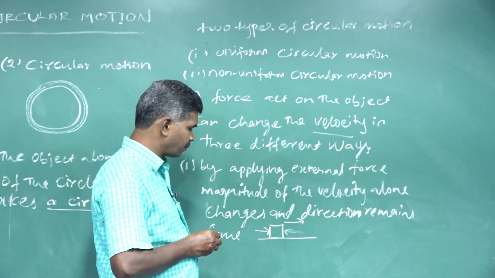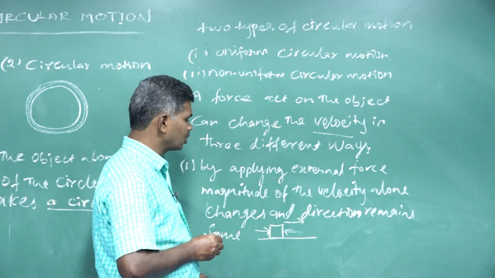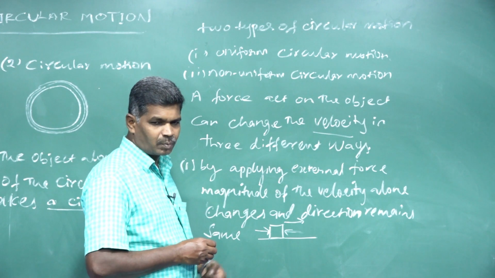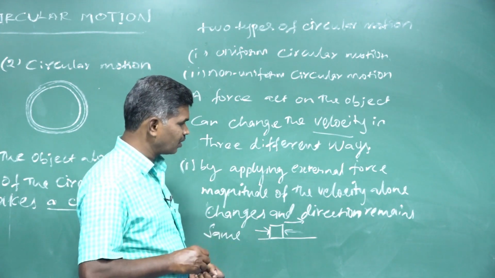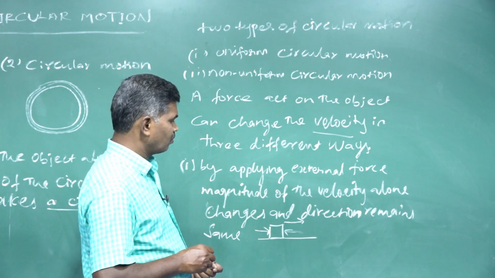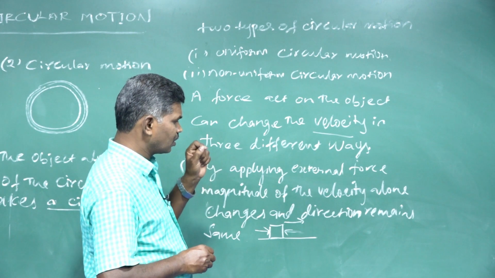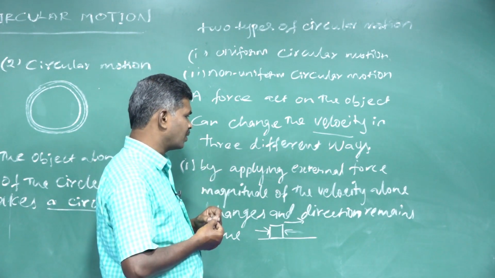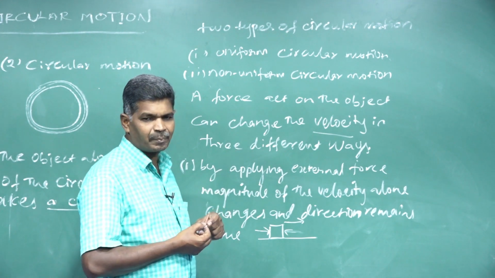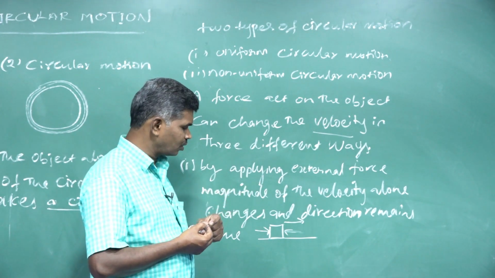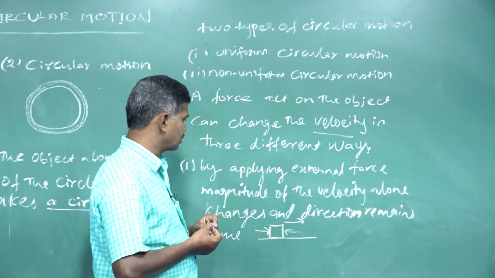If you apply a force opposite to the direction of the motion, the particle experiences a negative acceleration. If you apply a force that changes only the magnitude of the velocity, the particle makes a linear motion with acceleration.